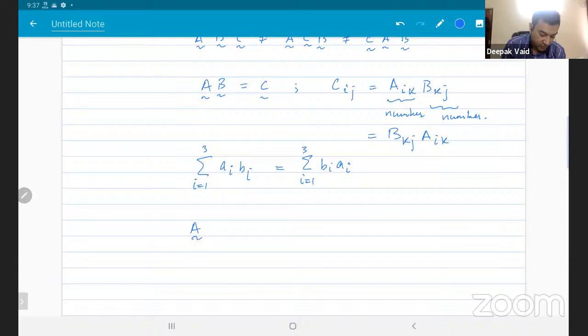Then if I talk about the product of three matrices, let's say ABC is equal to D, what would I say? I would say Dij is equal to Aik. Now I will have to use... So by the way, these indices which are repeated, for example, k is repeated, are called dummy indices.